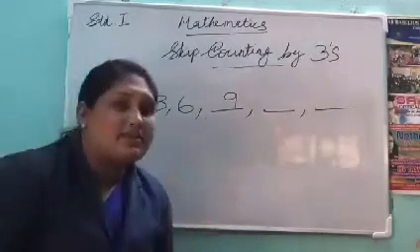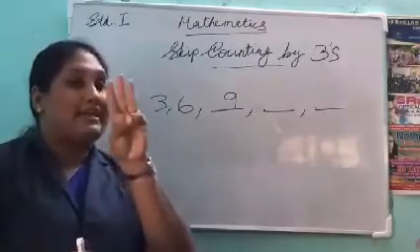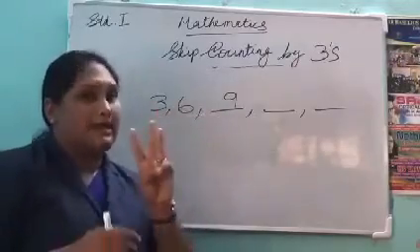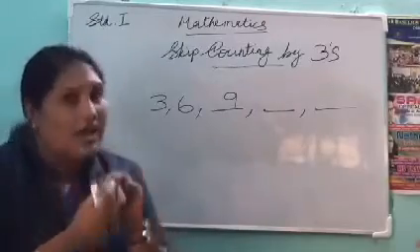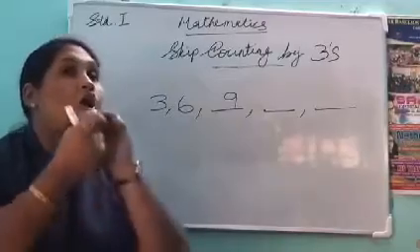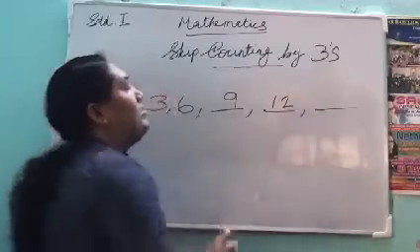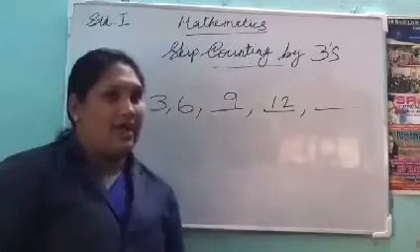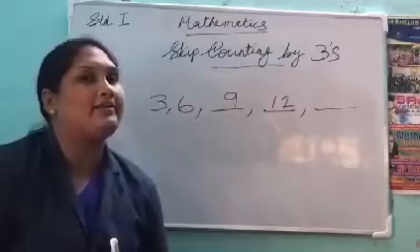Which will be the next missing number? You have to count by taking 3 fingers, counting from 9. 10, 11, 12. Which is the last number you got? 12. So you write 12. Then you have to find the last missing number. How will you do that?